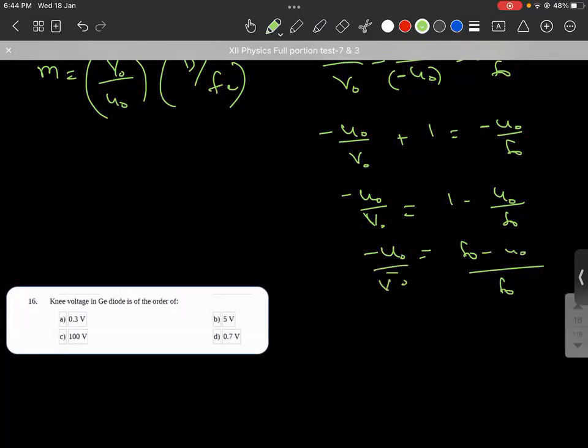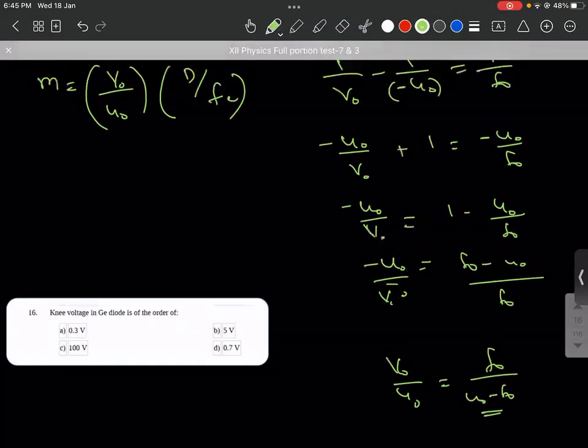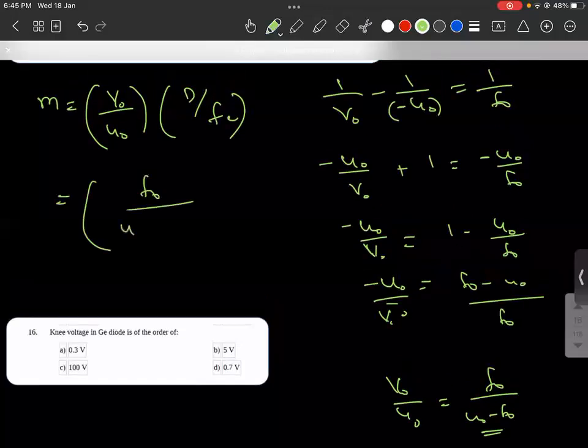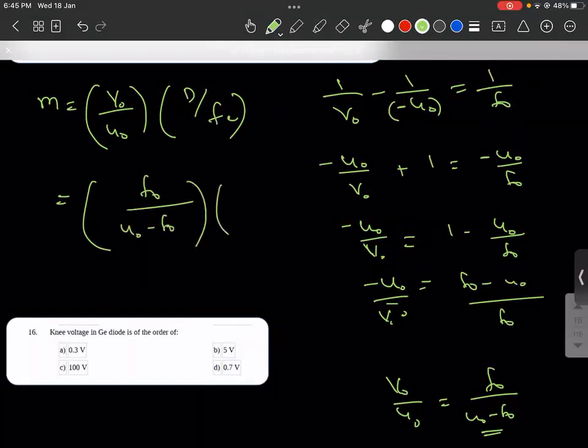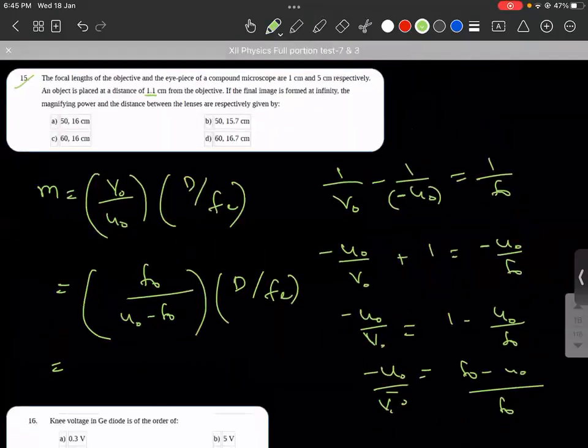So what is V naught by U naught equal to? U naught minus F naught, sorry, F naught divided by U naught minus F naught. So V naught by U naught, I can replace it with F naught divided by U naught minus F naught. There's another formula that you can remember, guys, into D divided by F e. What is the value of F naught? Focal length of objective is 1, and U naught is 1.1. I've already applied the sign convention, so don't apply it again.